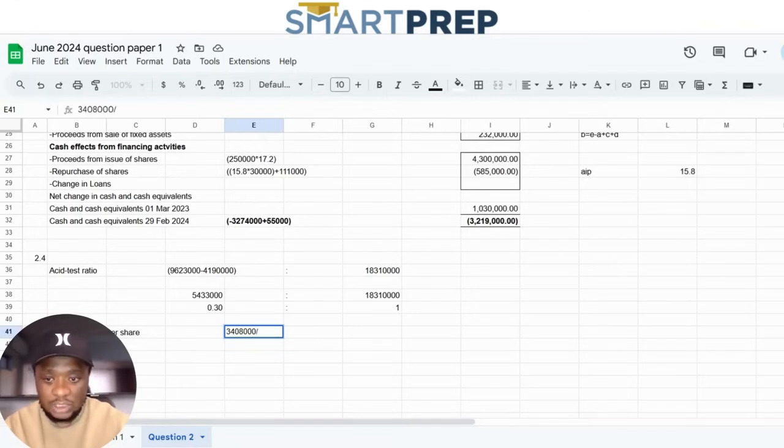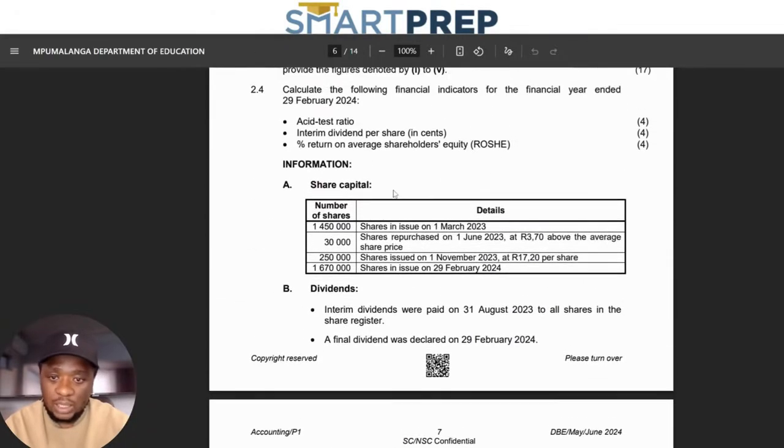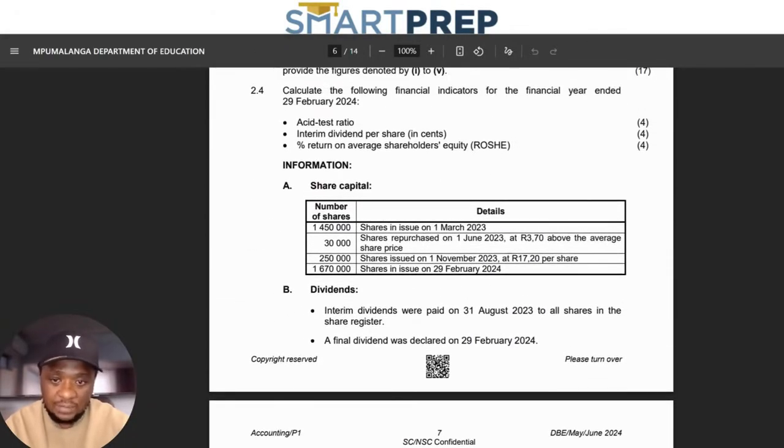Then you divide by the number of shares that were in issue at the time that the interim dividend was paid. So if you look at the information here, it says that the interim dividend was paid on 31 August 2023, and that is after these shares were repurchased, but it was before there was an additional amount of shares issued.